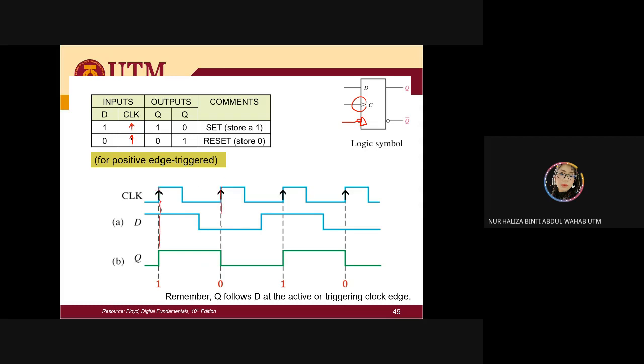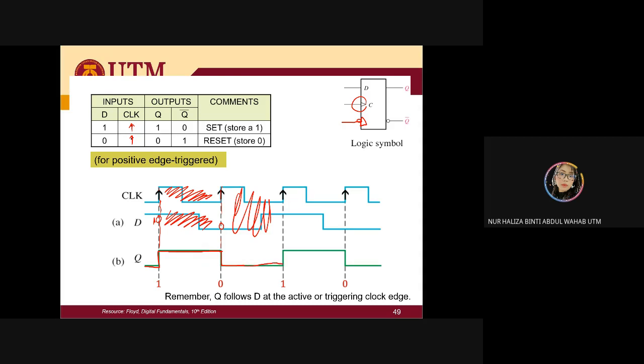At this line, you look into the value of D. The value of D is 1, so you're going to have 1 until the next clock. In between, you're not going to do any changes. At this one, you can see D is 0, so the output is 0 and nothing will be changed until you meet another clock.